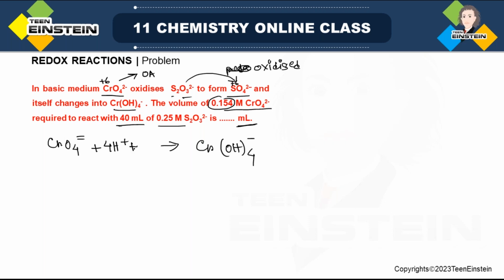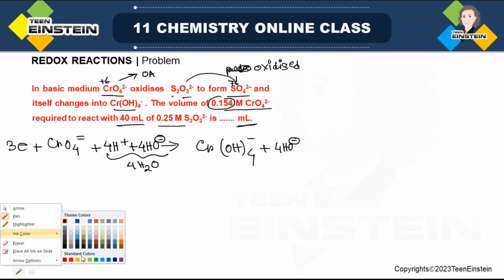But this is basic, so I have to add 4OH- to both sides. Now from this part you will get 4H2O. Next, if you see, the total negative charge on the left hand side is only 2, but on the right hand side it is total 5. So that is why I will add 3 electrons here. Now the charge on both sides is the same.